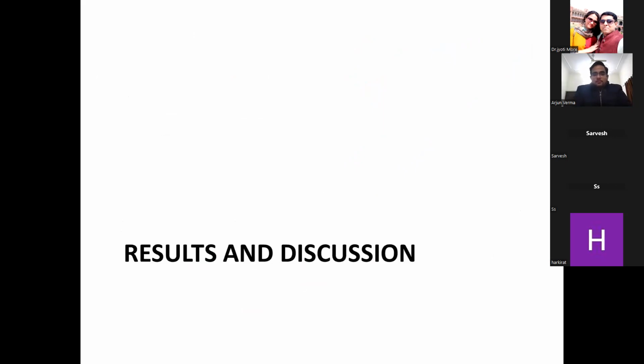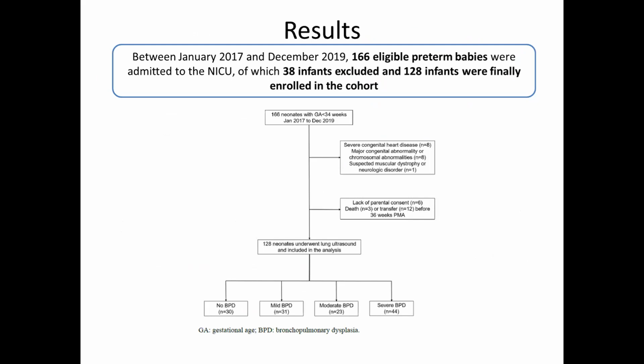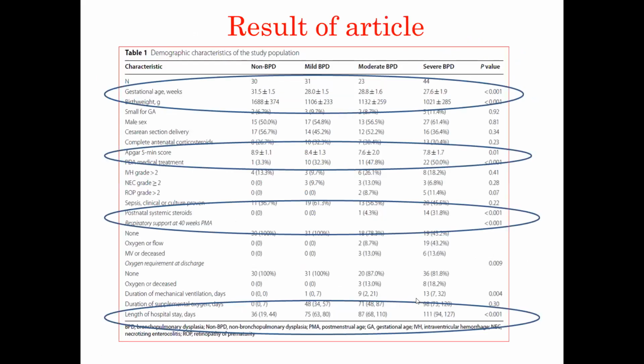The results of the article: between January 2017 and December 2019, 166 eligible preterm babies were admitted in NICU, of which 38 were excluded and 128 infants were finally enrolled in the cohort. They were classified into no BPD, mild BPD, and moderate and severe BPD.